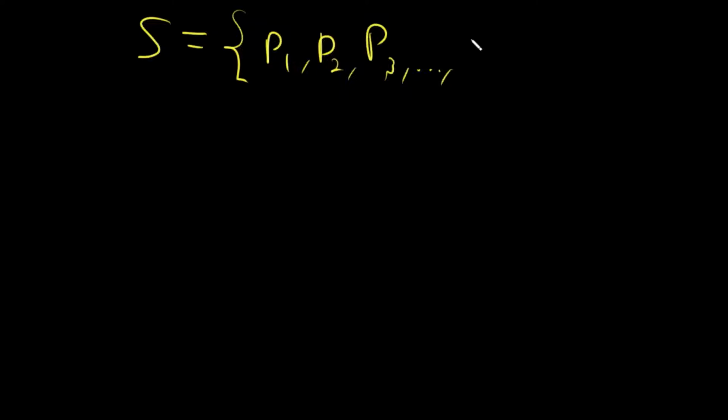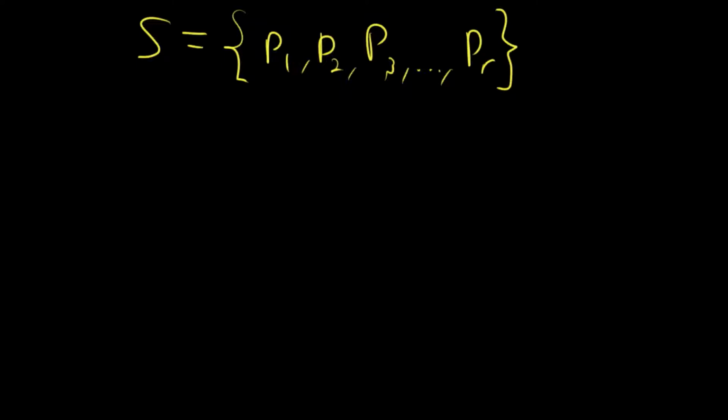So I'm going to construct a set, I'll call it S. That set will contain various prime numbers, P1, P2, P3, all the way up to the last prime number in the set, which is PR, say.